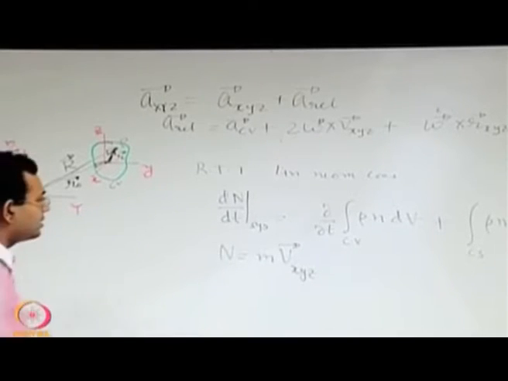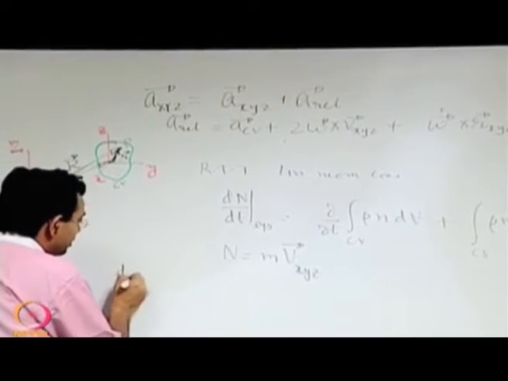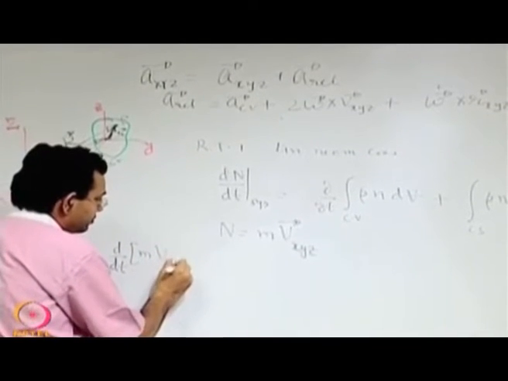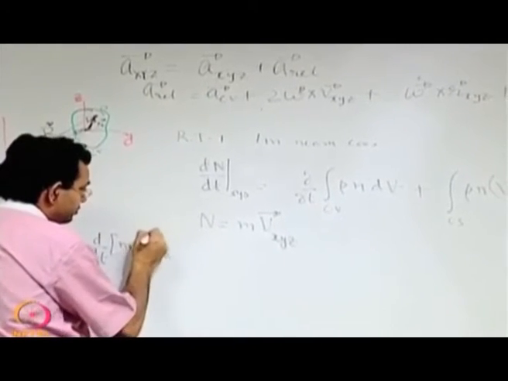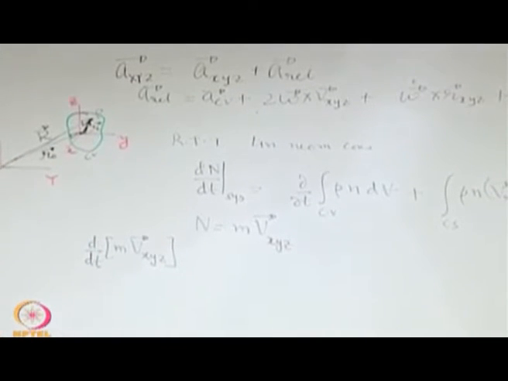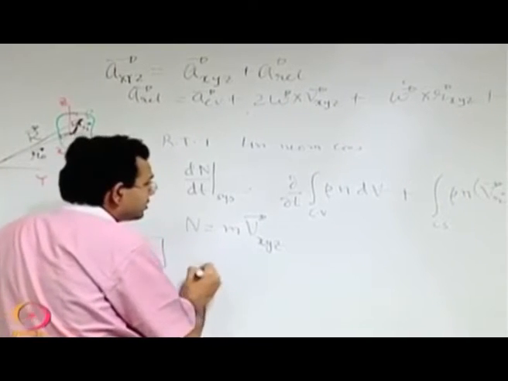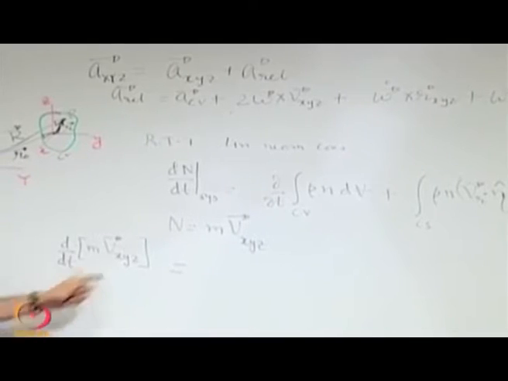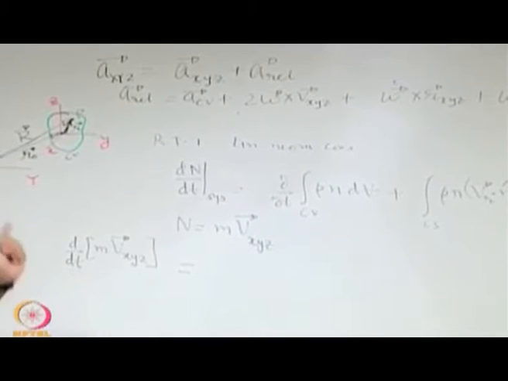So when we write that, left hand side becomes d dt of m. Let us first complete writing the right hand side, and then we will see whether the way in which we have written the left hand side is the proper way or not.